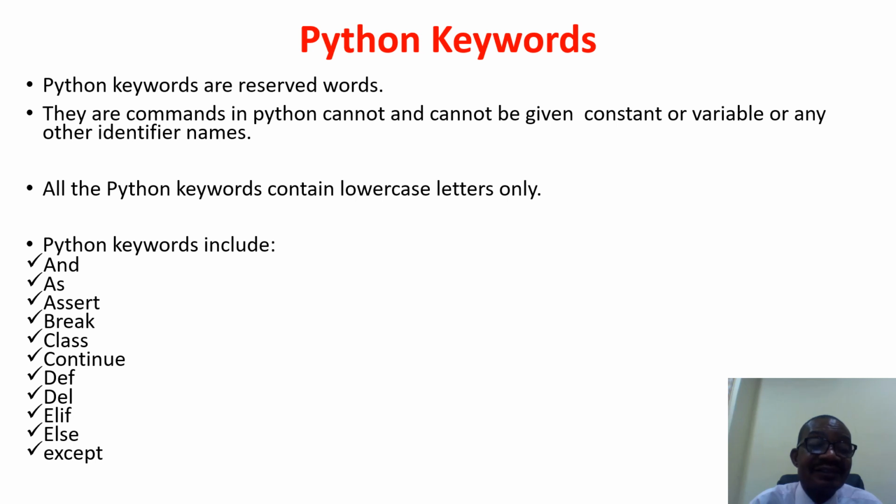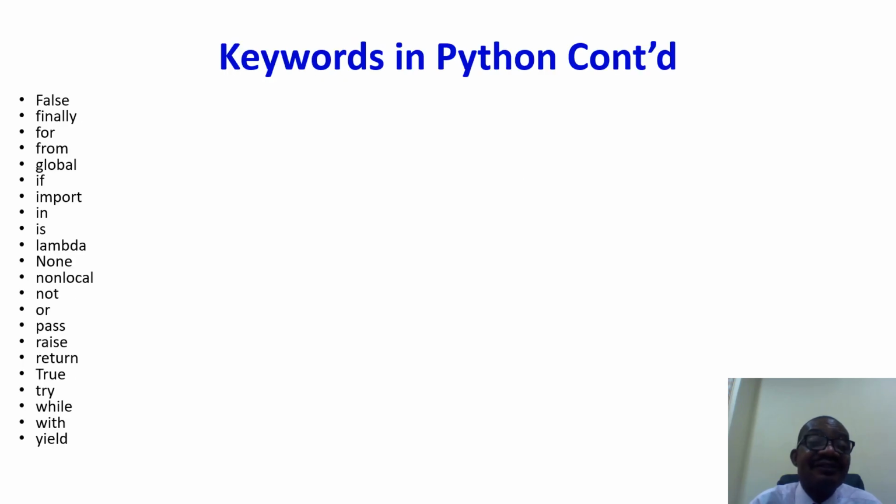Your keywords should all be in small letters. So here are some of the keywords: and, as, assert, break, class, continue, def, del, elif, else, except. These are just some of the keywords in Python. You can see them: False, finally, for, and the rest of them.